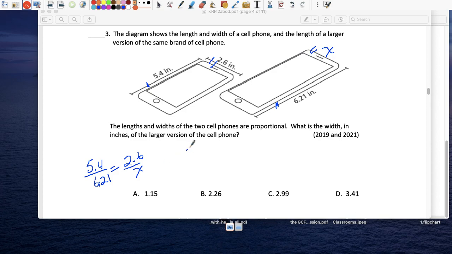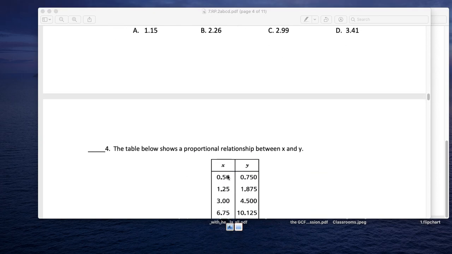So cross multiply, I get 5.4x, and 6.21 times 2.6 equals 16.146. Divide both sides by 5.4, and I get 2.99 there. What the heck did I just do there? Sorry.